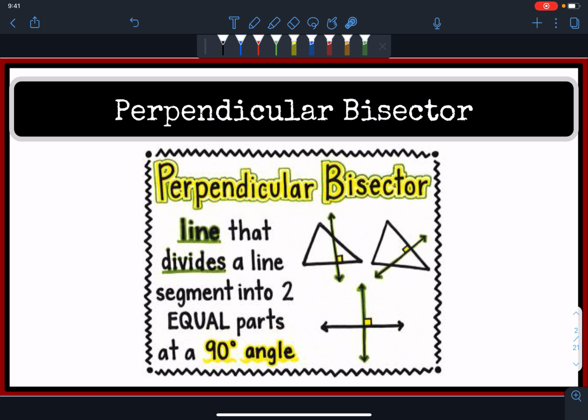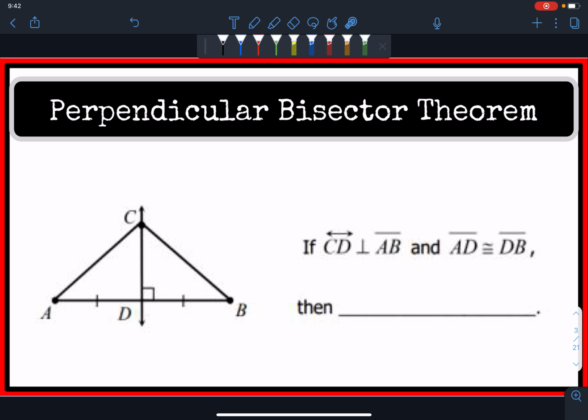Now, while perpendicular bisectors exist on any triangle, we're going to be focusing on isosceles triangles and that relationship, that specific type of triangle cut by a perpendicular bisector.